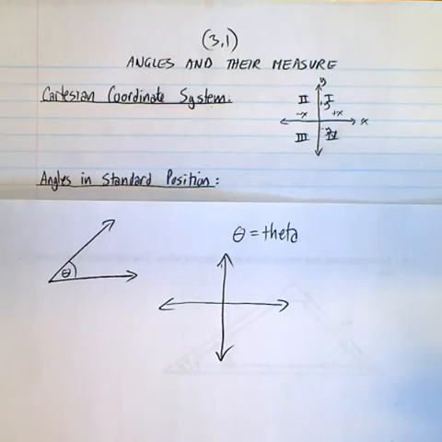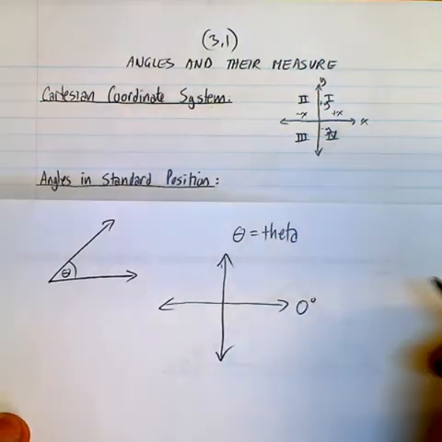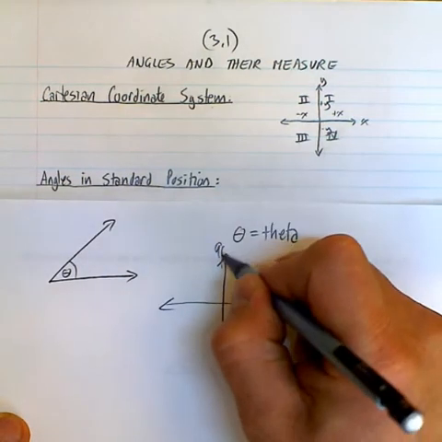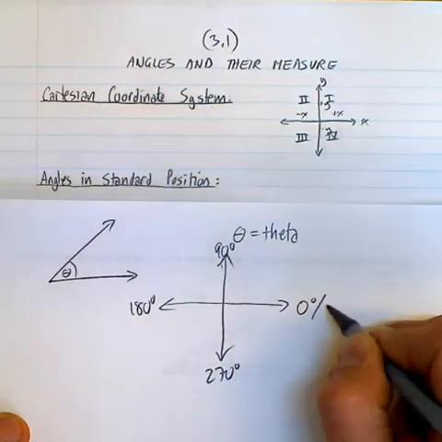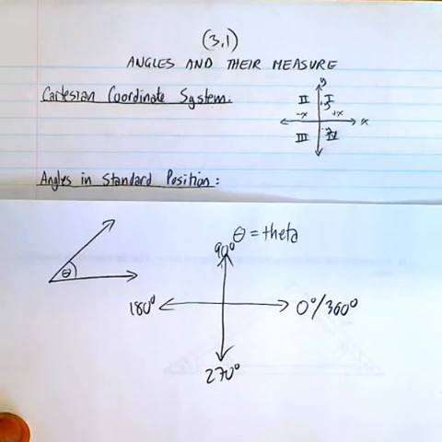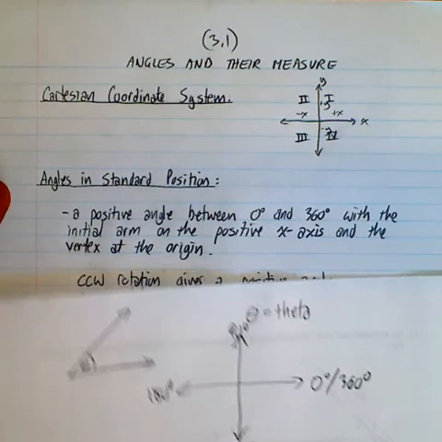But since we are talking about a coordinate axis here, we make the positive x-axis 0 degrees, and we move this way. So that's 0, this is 90 degrees, that's 180 degrees, that's 270 degrees, and when we get back here again, that's 360 degrees, okay?